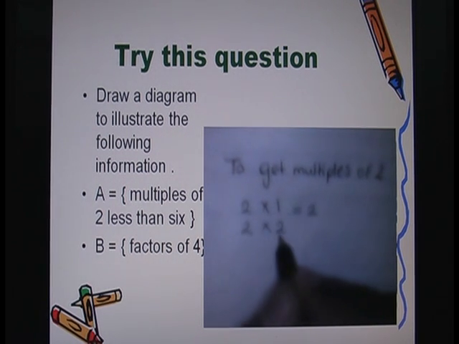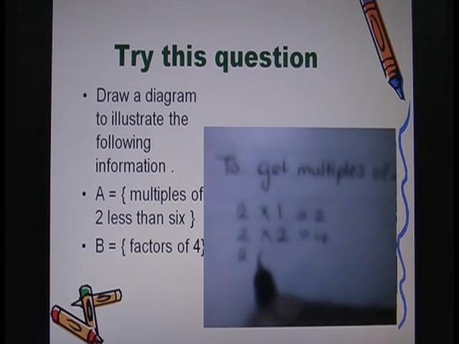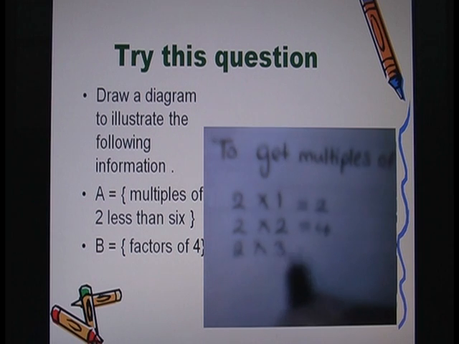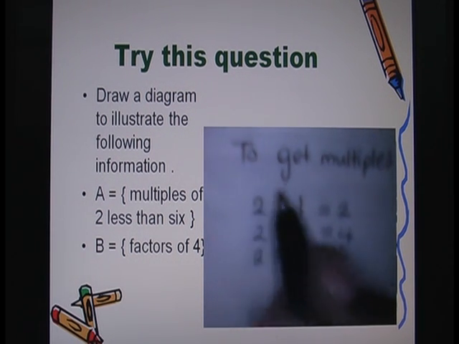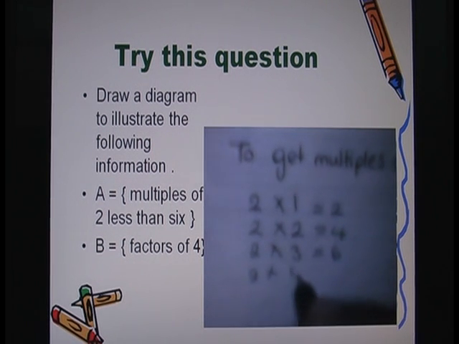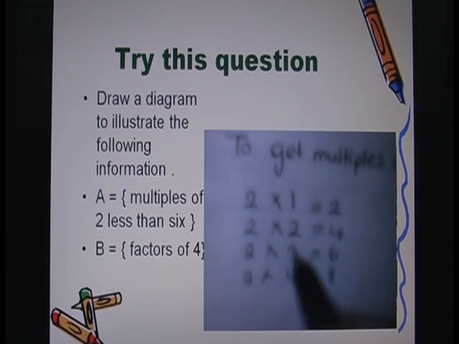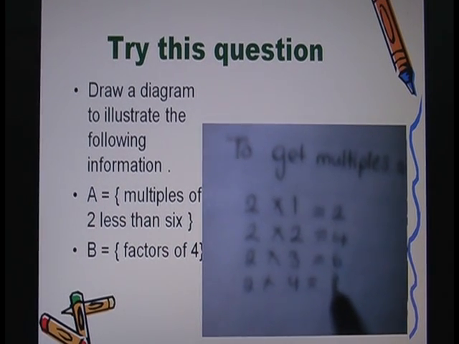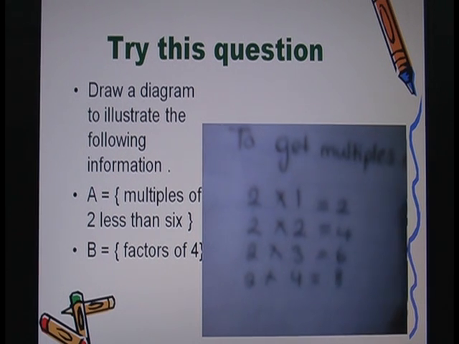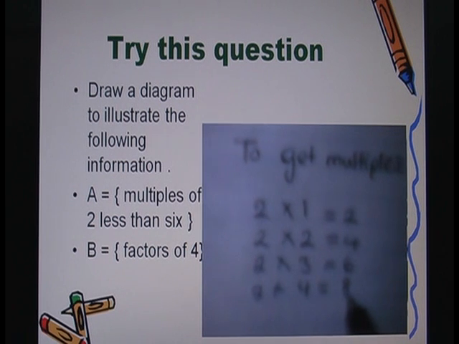So 2 times 2 is equal to 4. So 4 is also a multiple of what? 2. We multiply 2 by another number, which is what? 2 3s 6. So 6 is also a multiple of what? 2. You can say 2 times 4 is equal to 8. So what we're saying is that any number multiplied by 2 will give you what? Multiples of 2. So multiples of 2 that we have so far are 2, 4, 6 and 8.